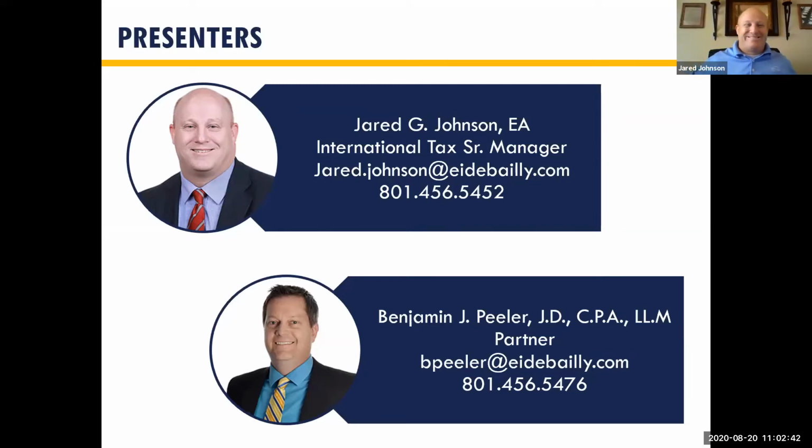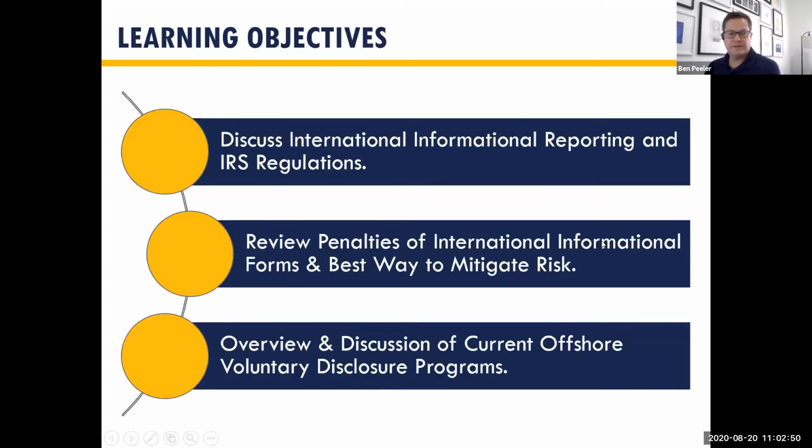Thanks, Ben. Okay, so we have our learning objectives that we'll go through here. If you can move to that slide. Generally, these are kind of broad, but we'll discuss the reporting requirements and what the IRS regulations require.